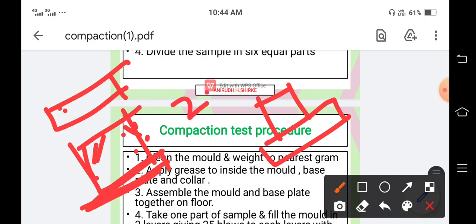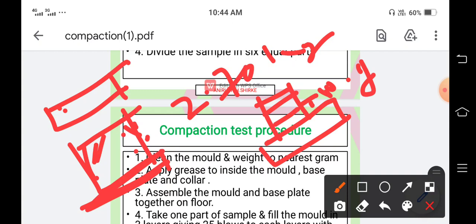Then we have 2.70 kg of the soil sample. This soil sample is filled into the mould in 3 equal layers. 2.70 divided by 3 is 0.9 kg, so one layer is approximately 0.9 kg.